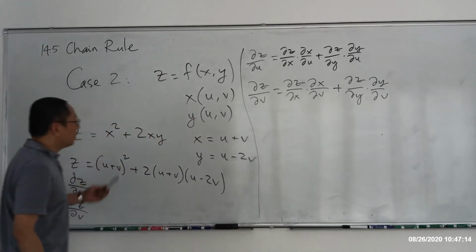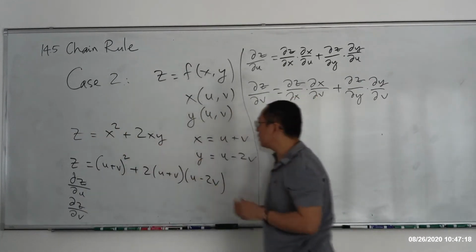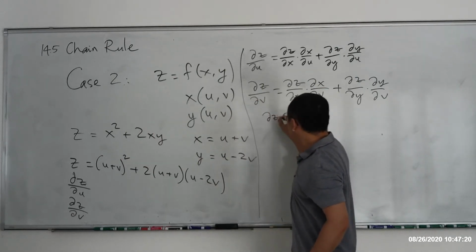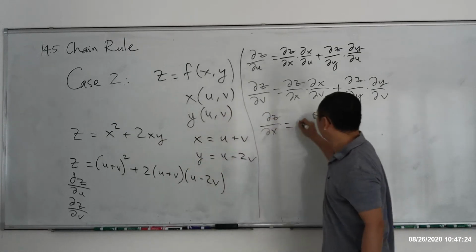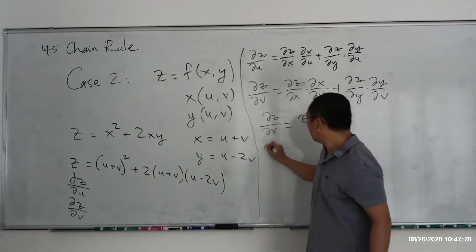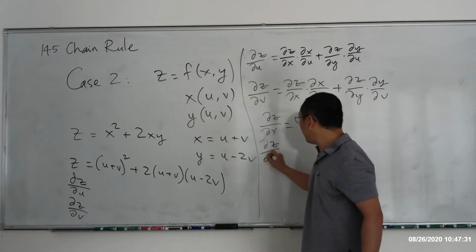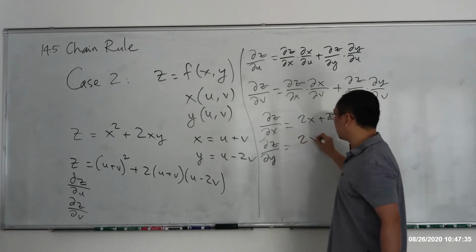Okay, let's work with this example right here. See what you got. I got z equal to x squared plus 2xy. So dz over dx is equal to 2x plus 2y. And dz over dy, the first term is 0, so dz over dy is 2x.